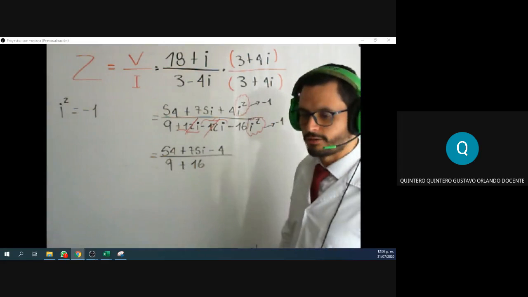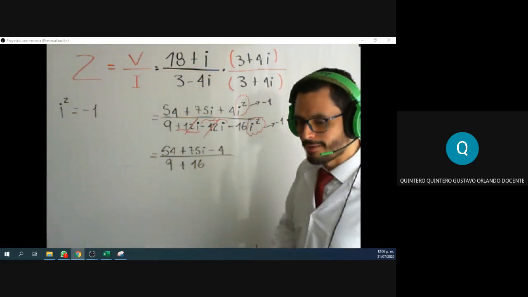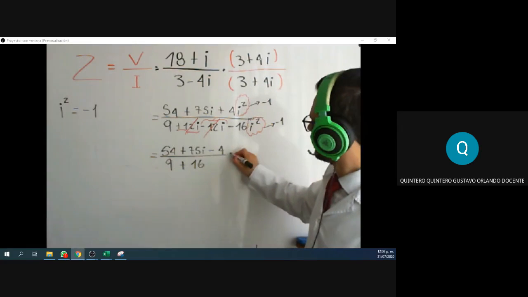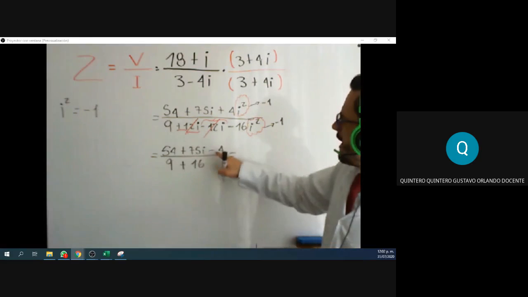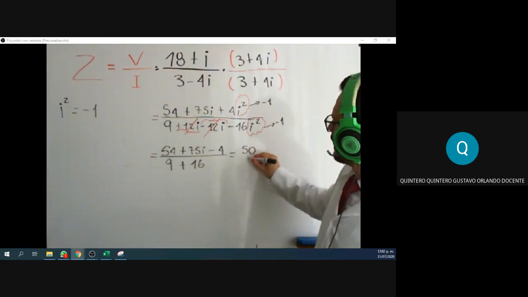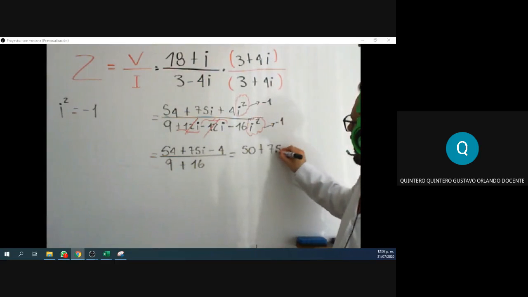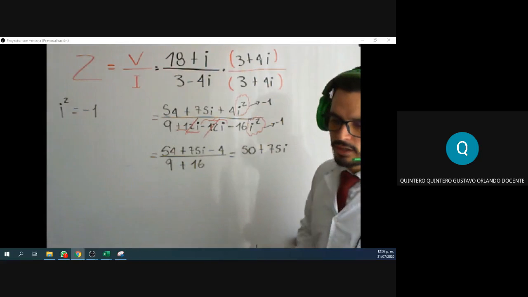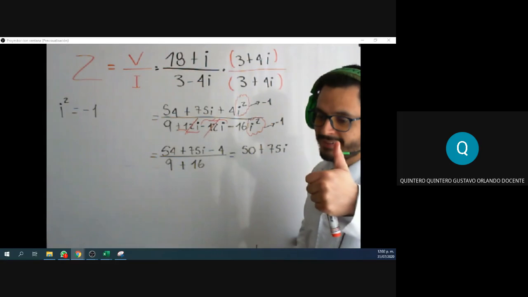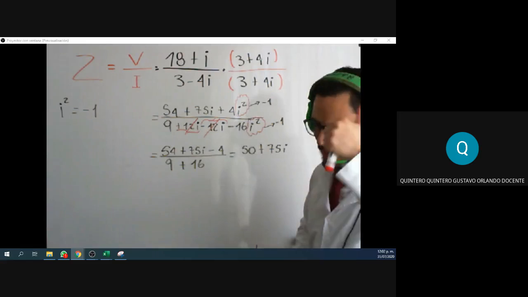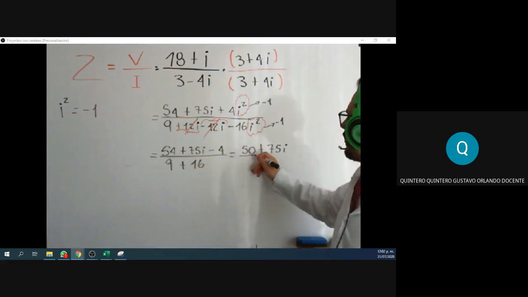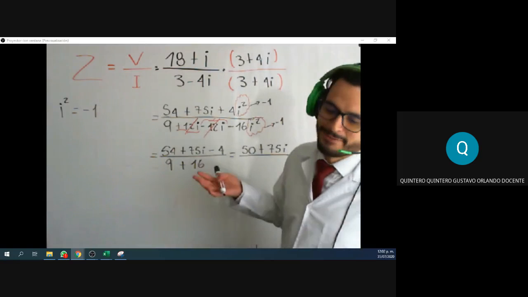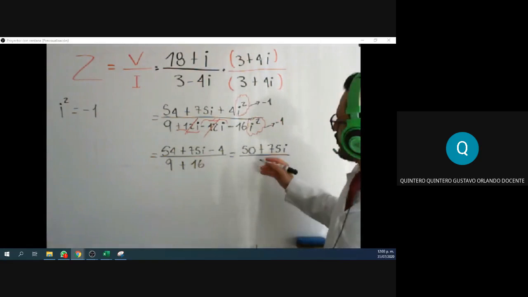Those two are like terms, right? So we can operate them. In other words, we can do this. This will be 54 minus 4. This is 50, right? 50 plus 75i. Did you see what I did? Are we okay with this or not? Cool. Beautiful. And in the denominator, this one is pretty simple, right? How much is 9 plus 16? This is 25.